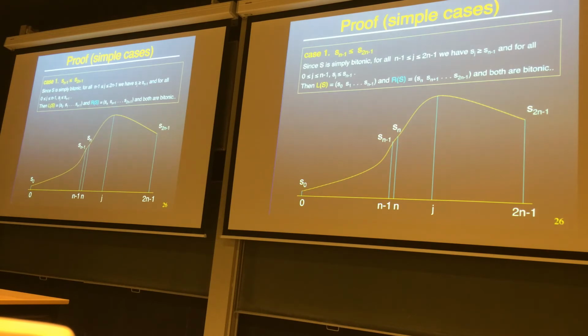So, well, take two cases. I just assume if you have such a bitonic sequence, here you have it, that now Sn-1 is less than or equal to S2n-1. So the maximum of the first half, and this is an increasing sequence because we assume that the maximum j is not in the first half. So Sn-1 is less than, the maximum is less than S2n-1. Okay.